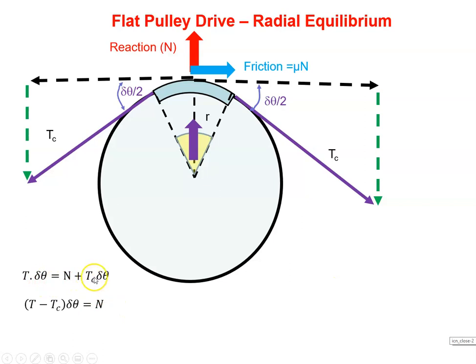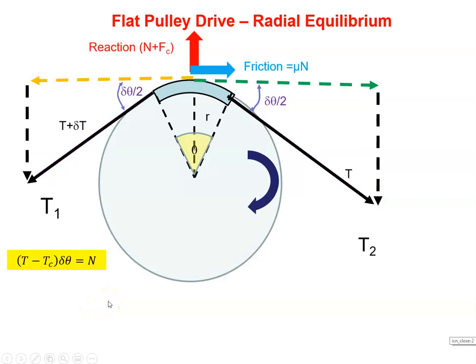So I bring Tc times d theta across here, so we get T minus Tc times d theta, and that's equal to n. Okay, so that's something that we're just going to store in the background for a while. So the total reaction force up here now is equal to this expression here.